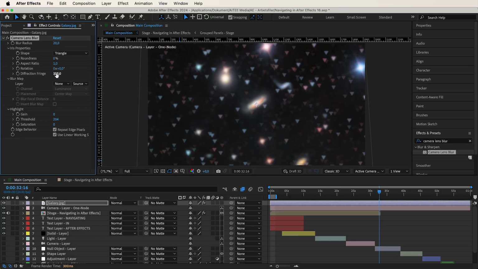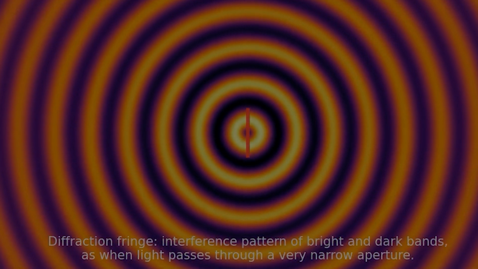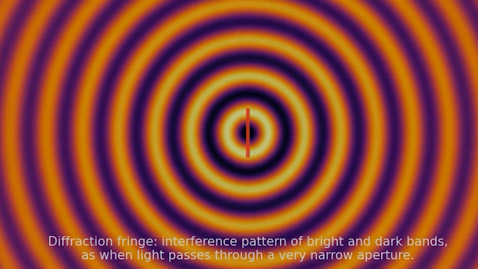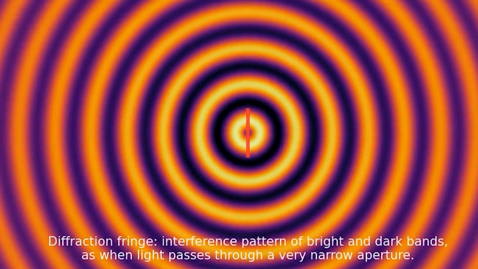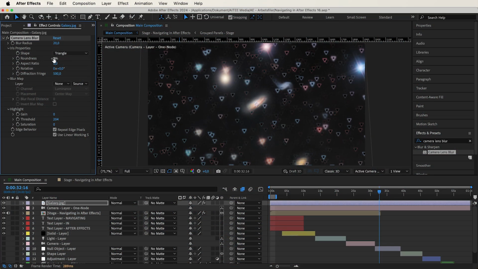We have the diffraction fringe, setting it to any value between 0 and up all the way to 500, giving the look of a darker center and brighter edges, representing a slight interference pattern of bright and dark bands, as when light or waves pass through a very narrow opening, just like an aperture in the camera. To then smooth it out and balance it a bit, drag up the roundness if necessary.